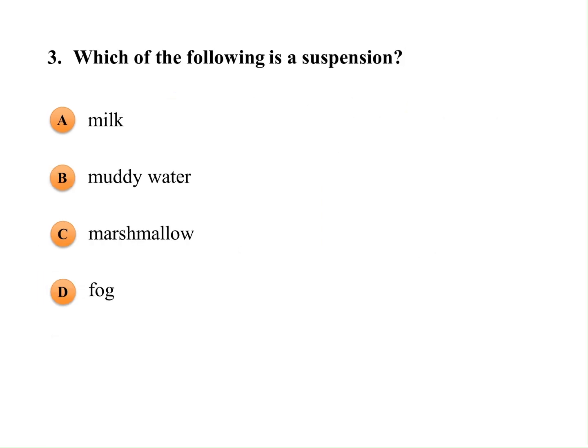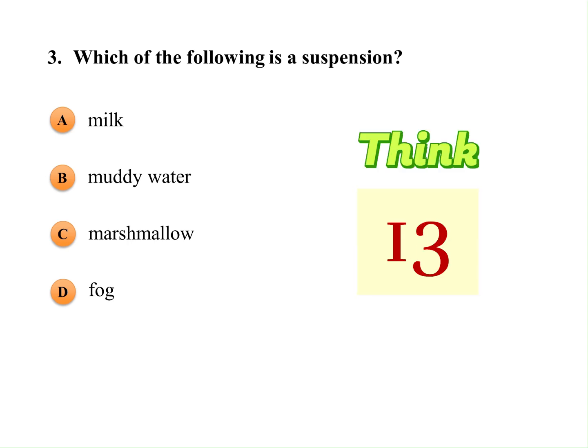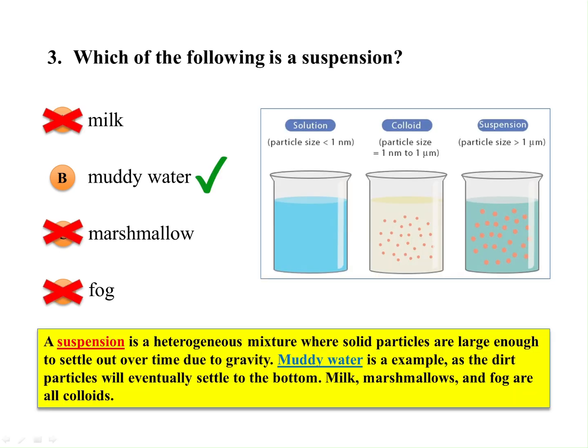Which of the following is a suspension? The correct answer is B, muddy water, because the particle size is more than 1 micrometer.